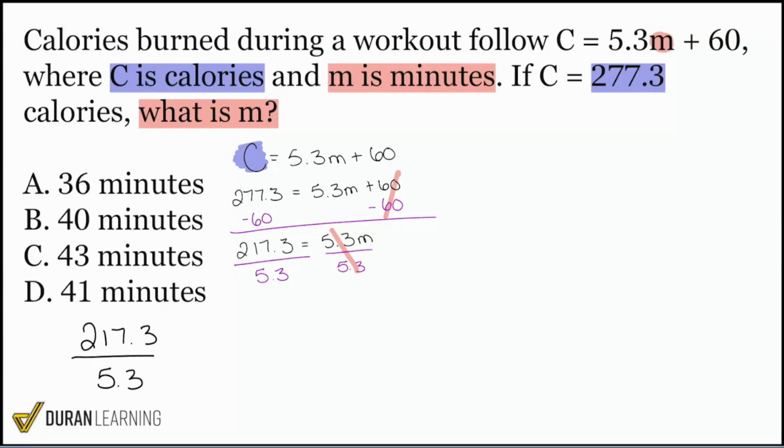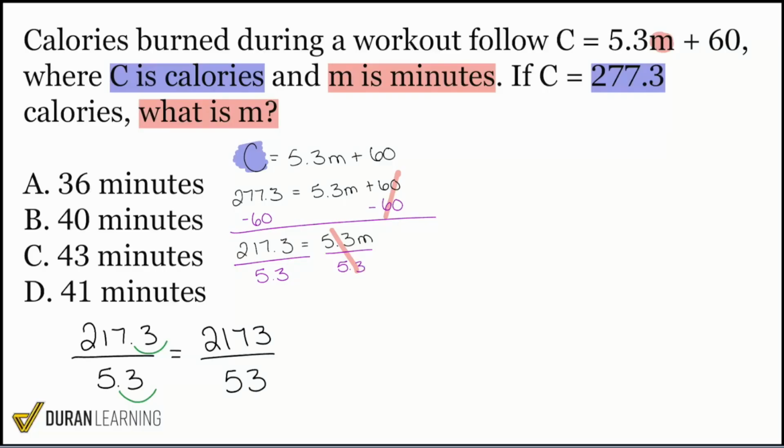So if I were to multiply by 10, which is the same thing as moving the decimal place over to the right, if I do it on the bottom, I've got to do it on the top. This is perfectly legal. And so what we're going to do here, my party people, is do exactly that. This makes it 2,173 divided by 53.